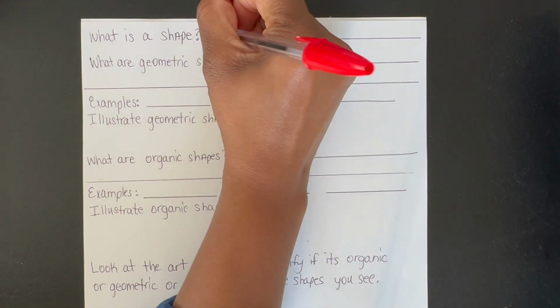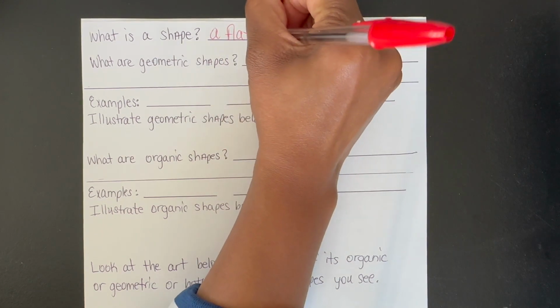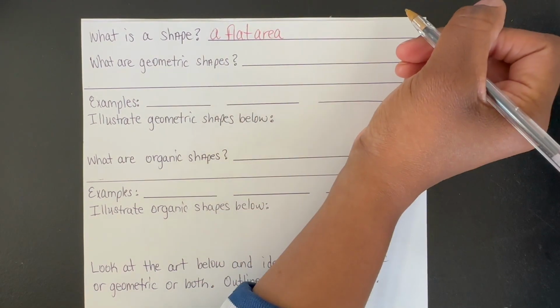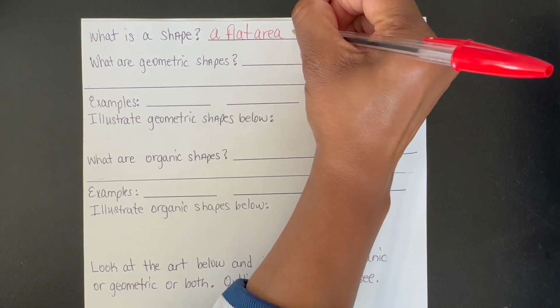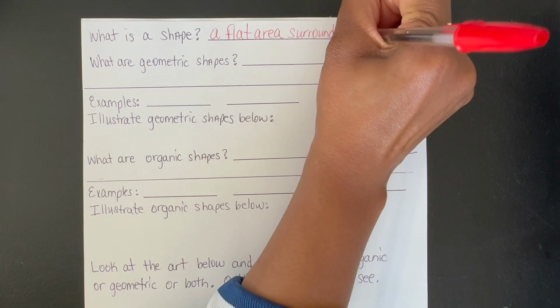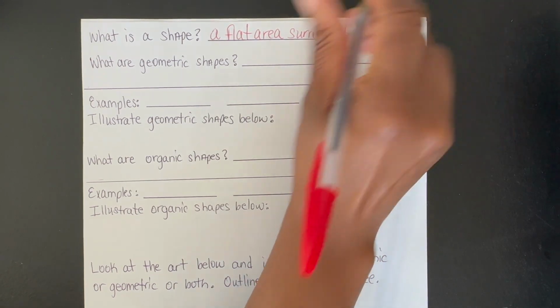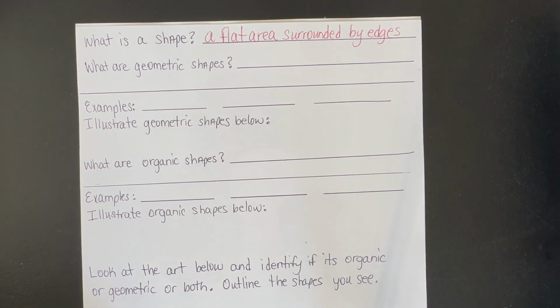A shape is, you can say, a flat area surrounded by edges. So a flat area surrounded by edges.